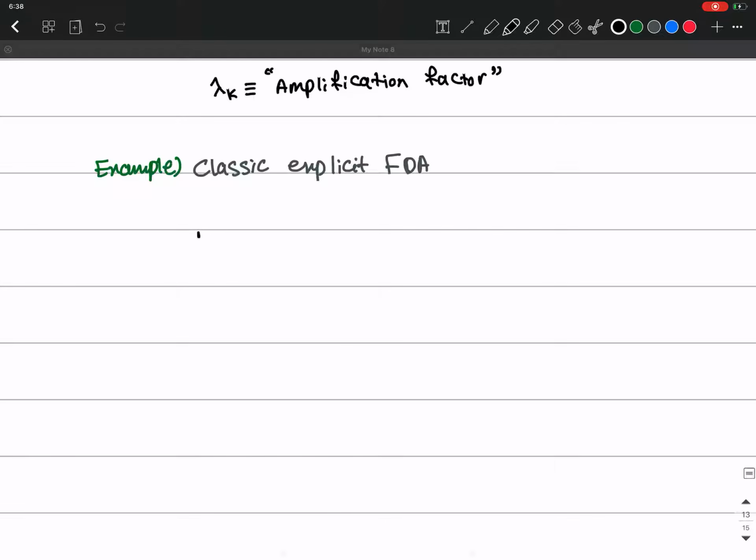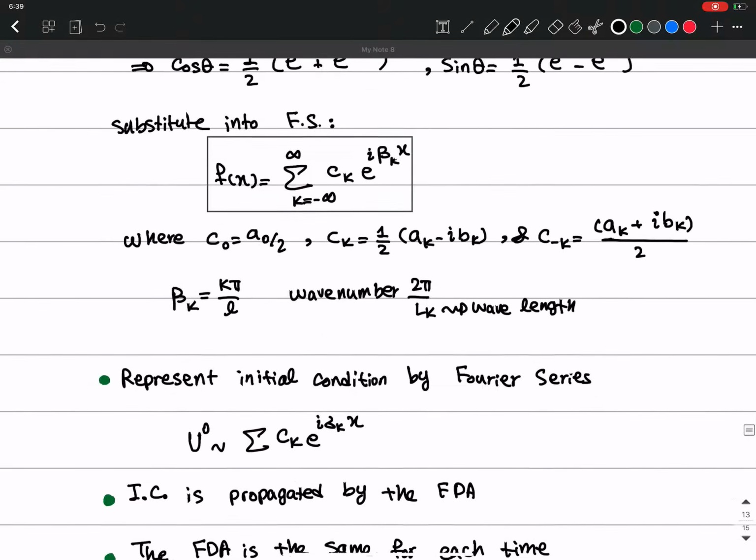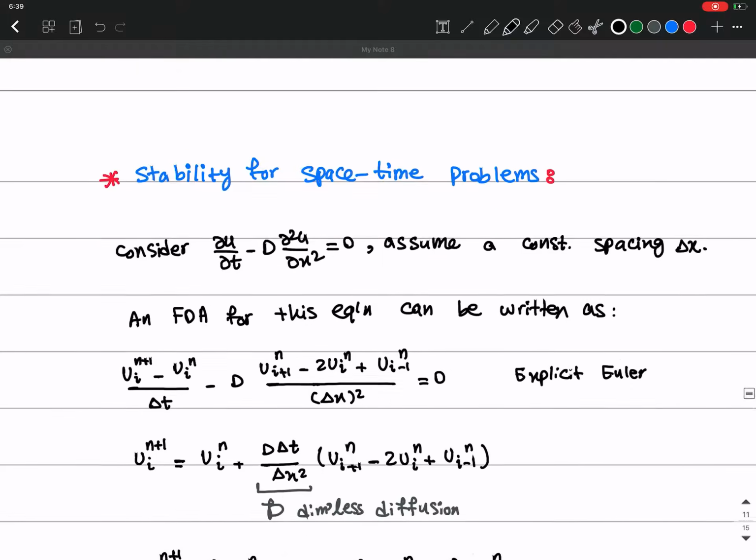Okay, so u_j^(n+1) equals the dimensionless diffusion parameter d times u_(j-1) at time n, plus 1 minus 2d u_j^n, plus d u_(j+1)^n. The same equation we had before here.